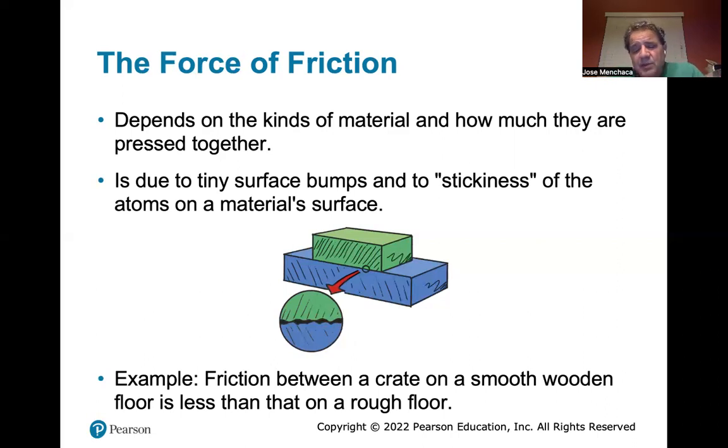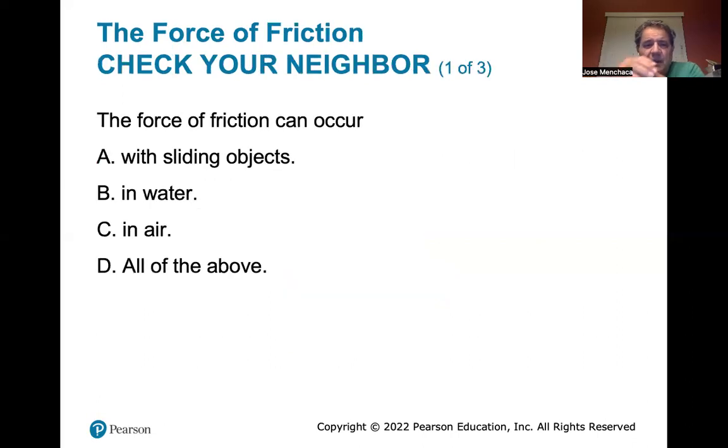The glass is smooth and the saran wrap is pretty smooth. Okay. They give an example. The friction between the crate on a smooth wooden floor is less than on a rough floor. Again, think of those blocks of wood with sandpaper. With no sandpaper, they slide pretty easily. With sandpaper, they're going to stick. You'll have a hard time.